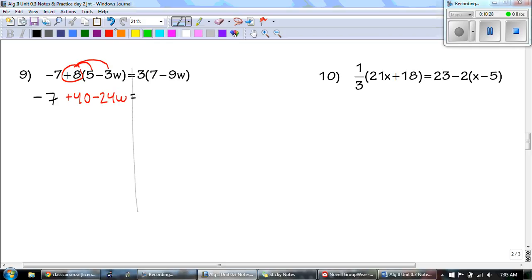Now on the right side, we have to distribute this 3, so we get 3 times 7 is 21, and 3 times negative 9 would be, sorry, negative 27. Okay, so you guys are on your own. Combine like terms, move the smaller variable, and solve. Okay, good luck.